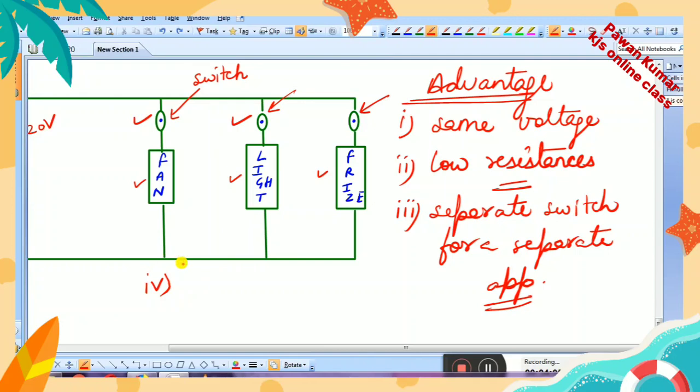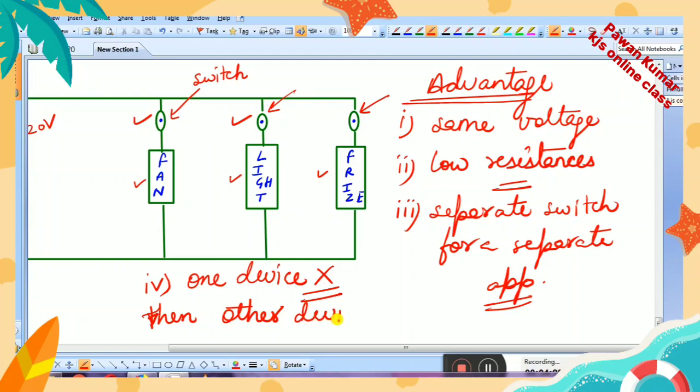Now what could be the fourth advantage? So fourth advantage we can write like this: if suppose one device is stopped working. Okay, if one device is stopped working, then what will you see? Other devices will continue to work.